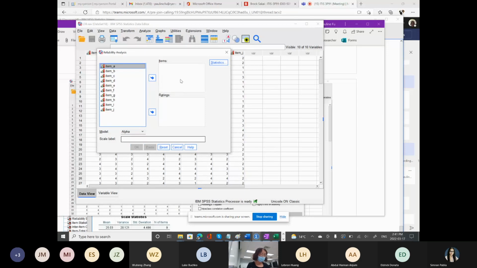Now select emotion-based items, that is item A. Press and hold down Control, item C, item E, item G, item I. Those items represent emotion-based.